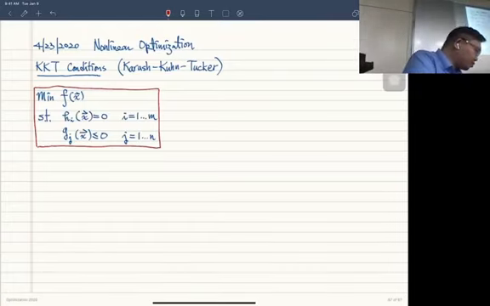This is actually very similar to our linear programming formulation, because we use slack variables to convert all the inequalities to equalities. So this is very similar to what we had earlier. But over here, we don't necessarily mention whether f and h have to be linear or nonlinear. So it's a little bit different.